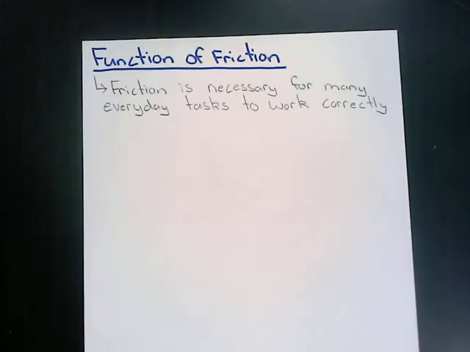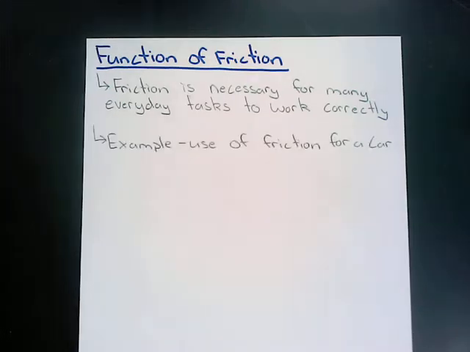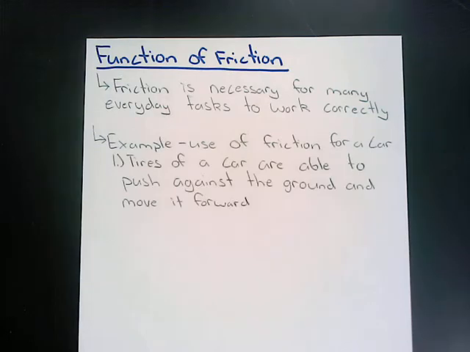So let's take example, the use of friction in a car. And so one use of friction for a car is, one, tires of a car are able to push against the ground and move it forward. Another function is that brakes use friction to allow a car to stop.